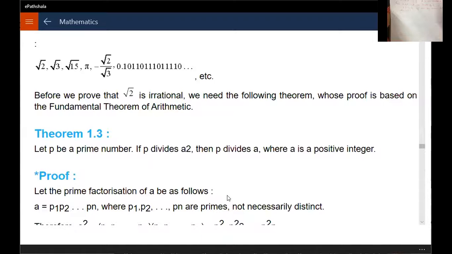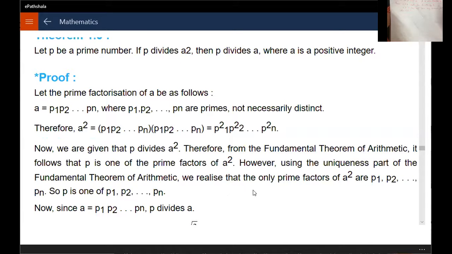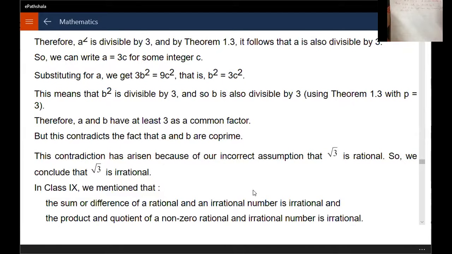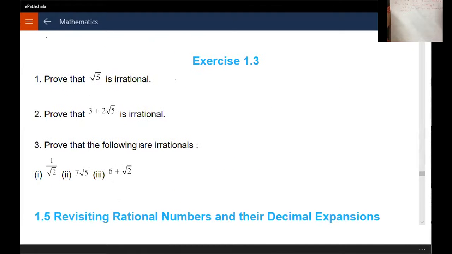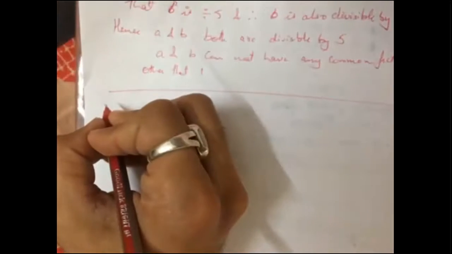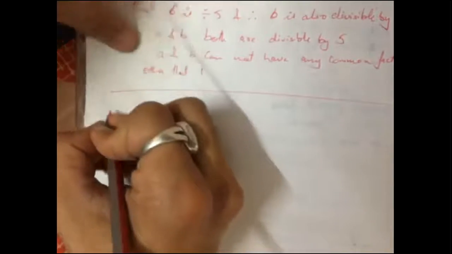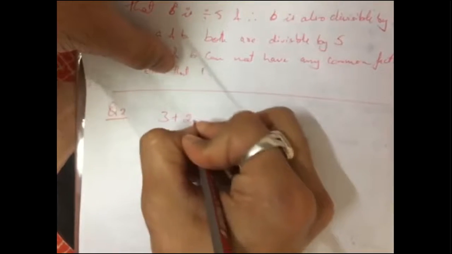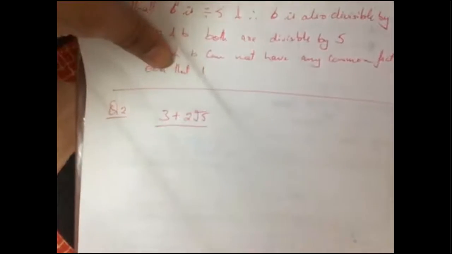Now next. What are the next questions that come in this? If there are numbers like 3 plus 2 root 5, question number 2: 3 plus 2 root 5, show that it is irrational.